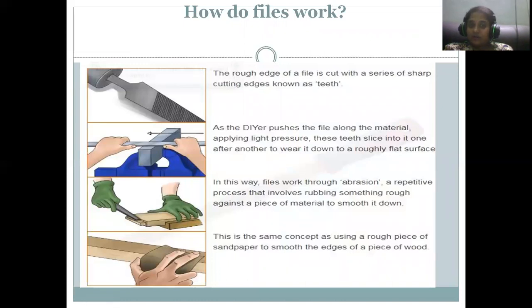How does a file work? He may ask you further, so you shall answer accordingly. He may also ask whether a file cuts in the forward move or in the backward move. Even such questions may come.